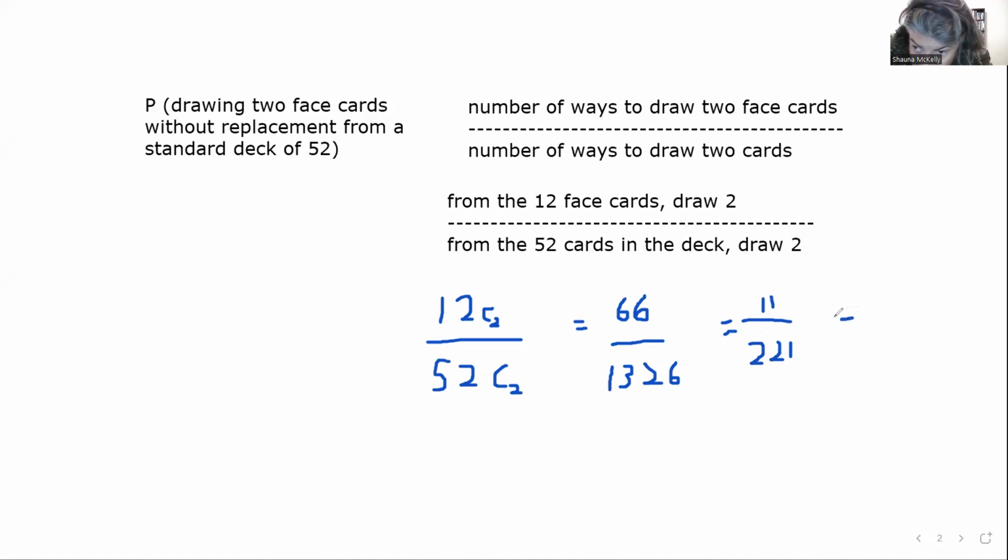This is going to be 0.0498. And that becomes 4.98%.